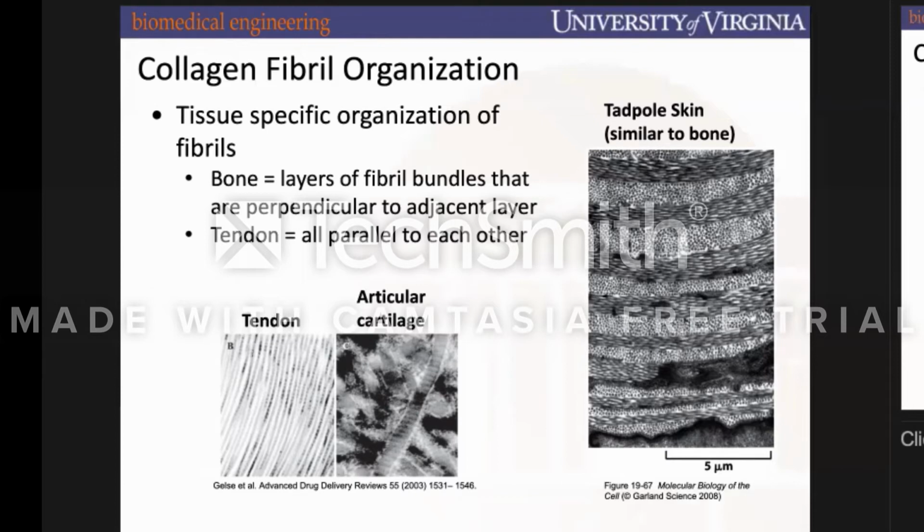So we have tadpole skin that's present there. If you consider the z-axis coming out of the screen here, you have them organized perpendicularly to each other in sheets.